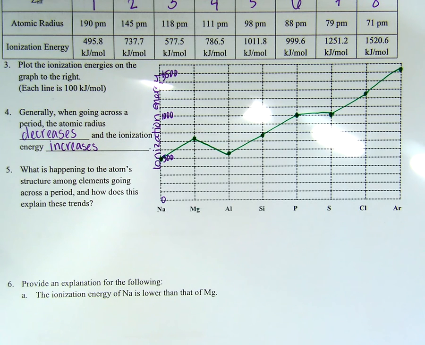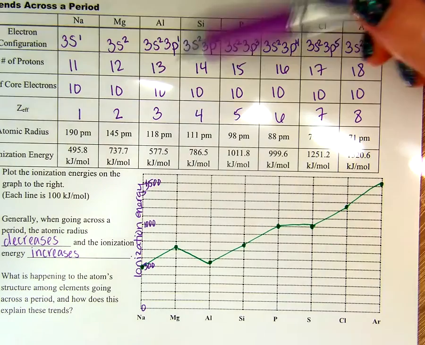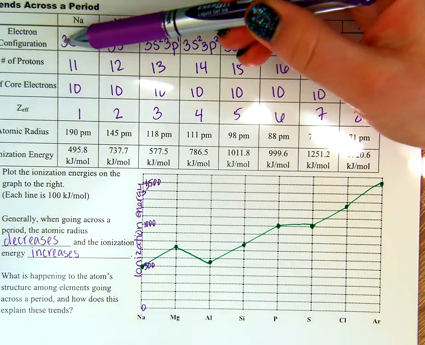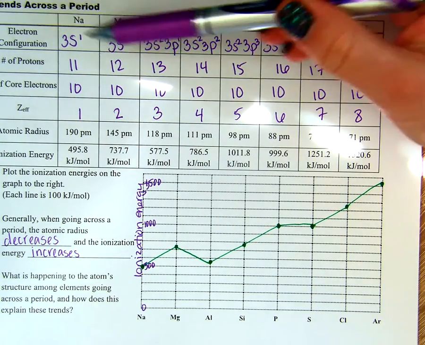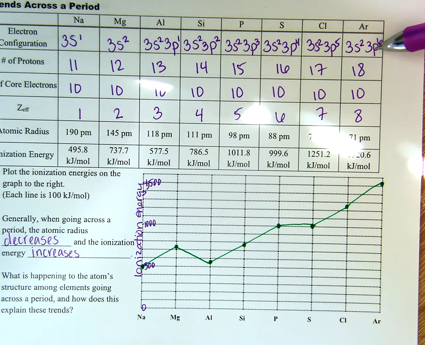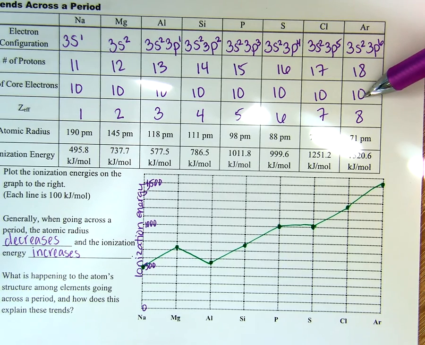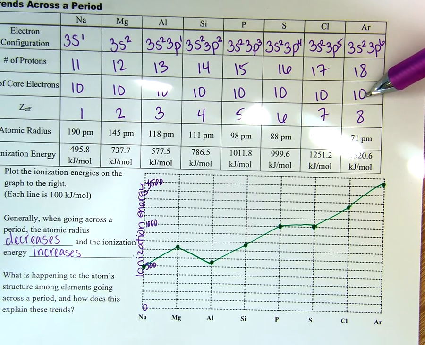Okay, so let's think about this. As we go across the period, the outer electrons of the elements are in the same shell. So right here, they're all in the same shell, right? And it's all in energy level 3. So the 3s and 3p. So since that's true, they have the same number of core electrons, in this case 10. They don't change. However, the number of protons changes.